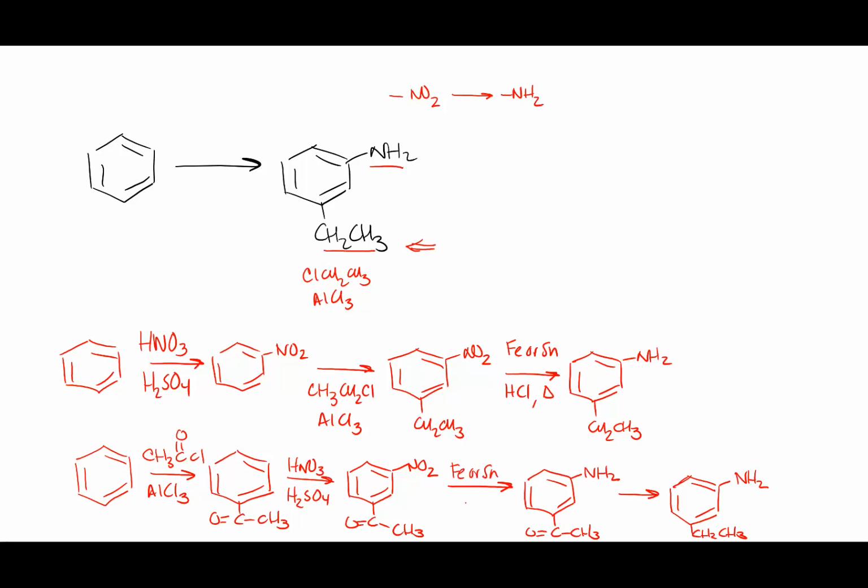Fe or tin, HCl, and heat to convert NO2 to NH2, and then finally the reduction of the phenyl ketone could be done by zinc, mercury, HCl, and heat, or it could be done by N2H4, KOH, and heat. This is Wolff-Kishner. This is Clemmensen.